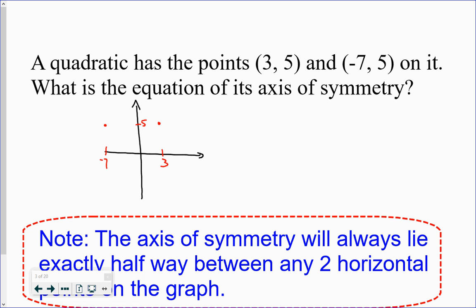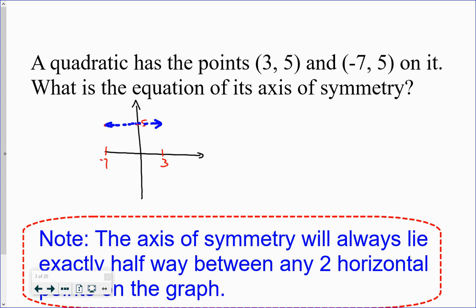So we don't know if this quadratic looks like this or if it looks like this. We have no idea, but it doesn't matter actually. I don't need to know that because here's the thing. These 2 points are directly across from each other. They both have a y-coordinate of 5.